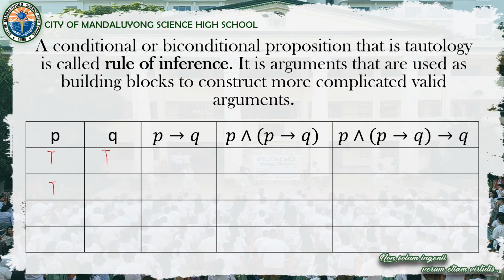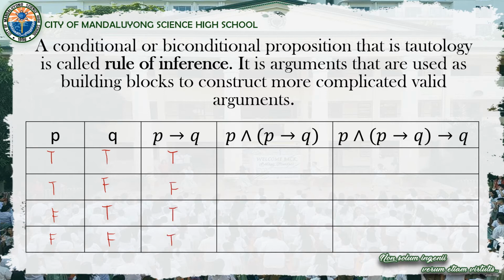Pwedeng true ang P, false ang Q. Pwedeng false ang P, true naman ang Q, and then both are false. Now, applying ulit, for the third column naman, this is the implication or yung conditional, it will only be false if our premise is true and our conclusion is false. So, lagay natin, we have here true, false, true, true.